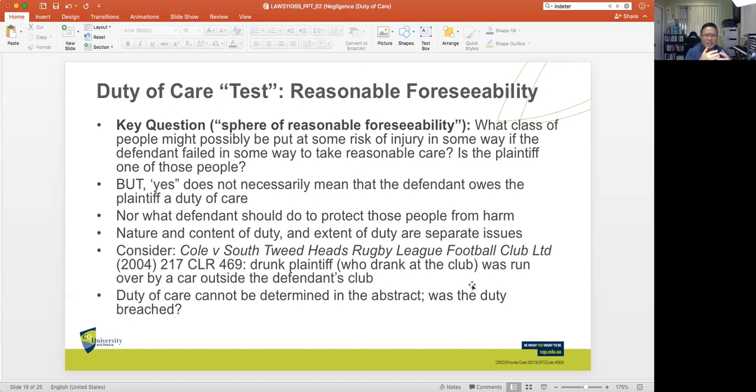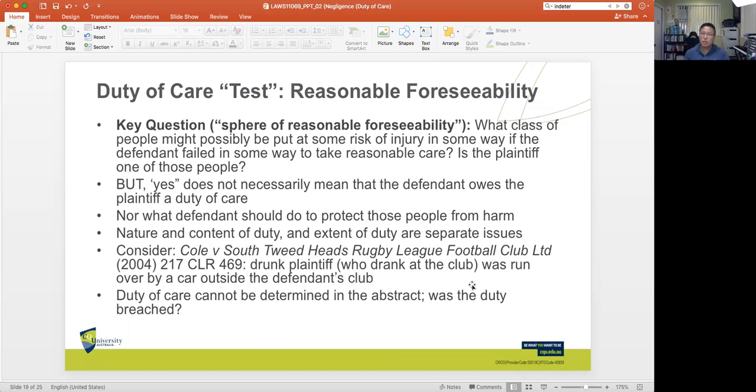So instead of asking, is there a duty of care in this scenario? That becomes problematic, as the courts have seen, because if the answer is yes, it will often necessarily follow that the defendant will then become liable in the tort of negligence. So one way of looking at it is sometimes to examine whether or not, on the basis of the actions or omissions of a particular defendant, where there has been an allegation of breach, was there a duty of care?